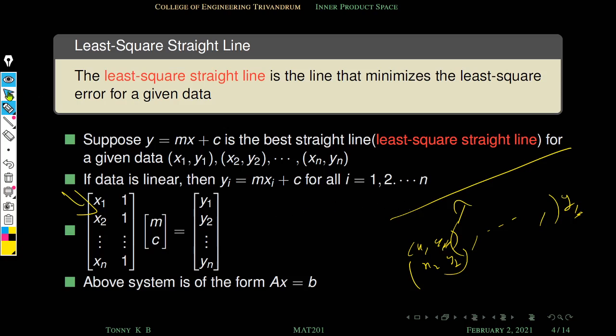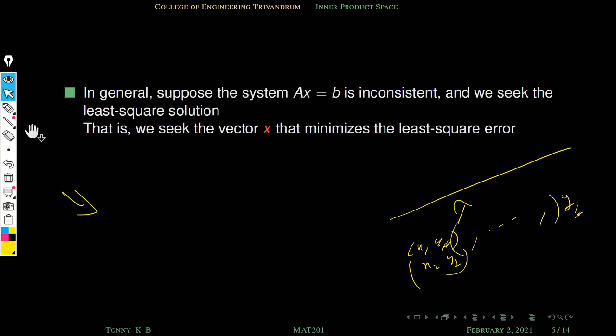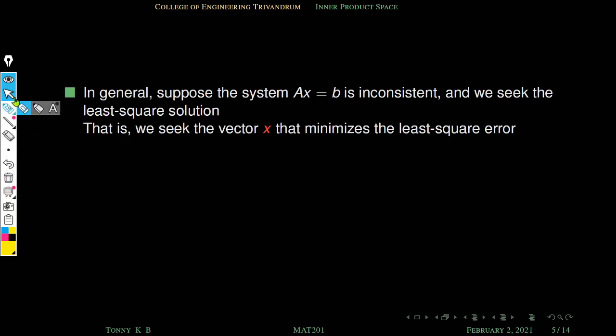Next we are going to generalize the problem. In general, suppose the system Ax equal to b, where A may be of any dimension, no problem. A may be m by n in general. Our main interest is when Ax equal to b is inconsistent. If the system is consistent, then no need to worry.